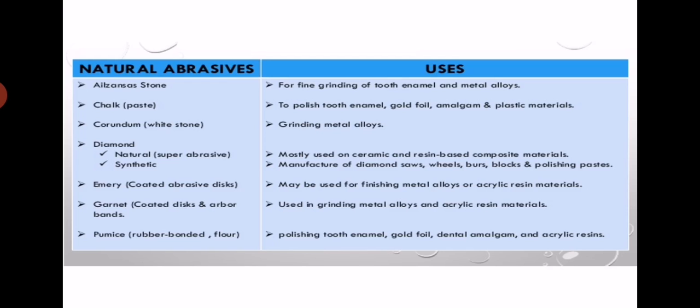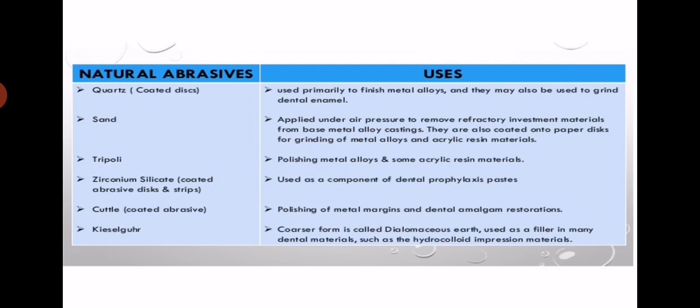The next one, pumice, is a rubber bonded flour, used in polishing of tooth enamel, gold foil, dental amalgam and acrylic resins. Quartz is used primarily to finish metal alloys, and may also be used to grind dental enamel.